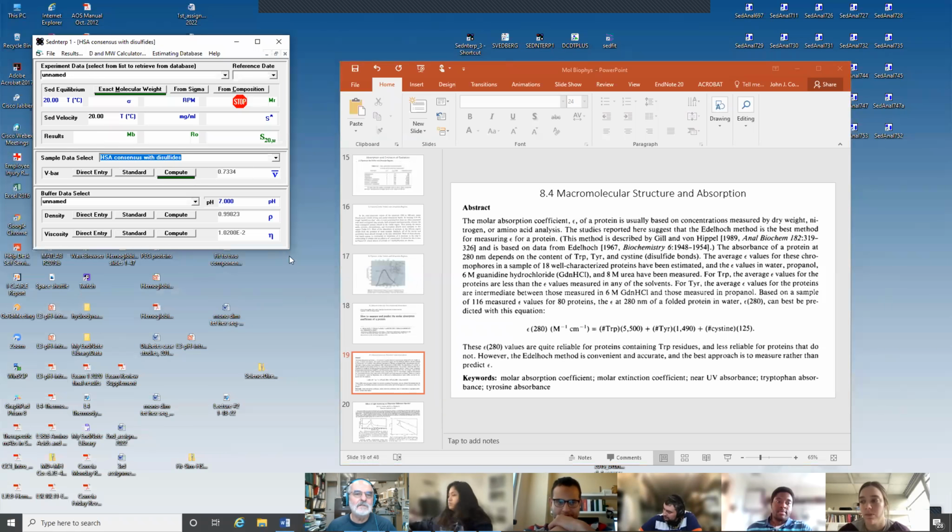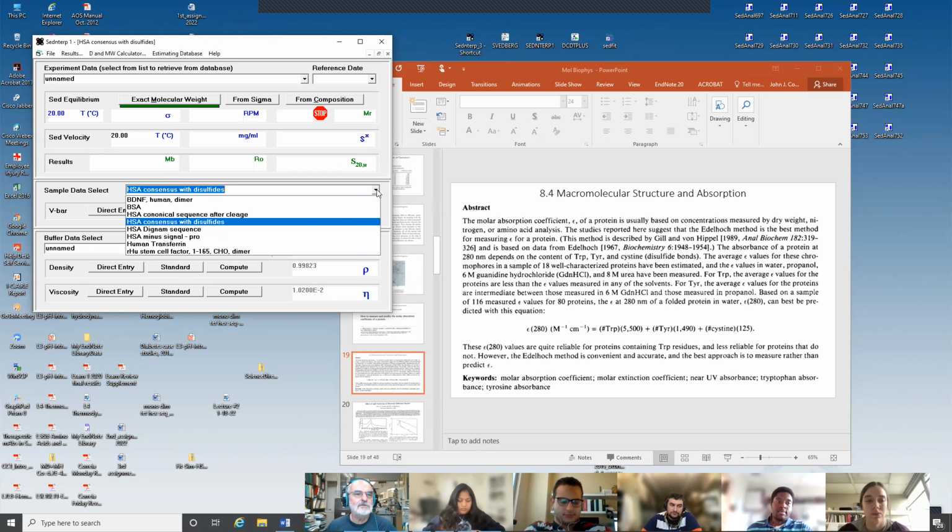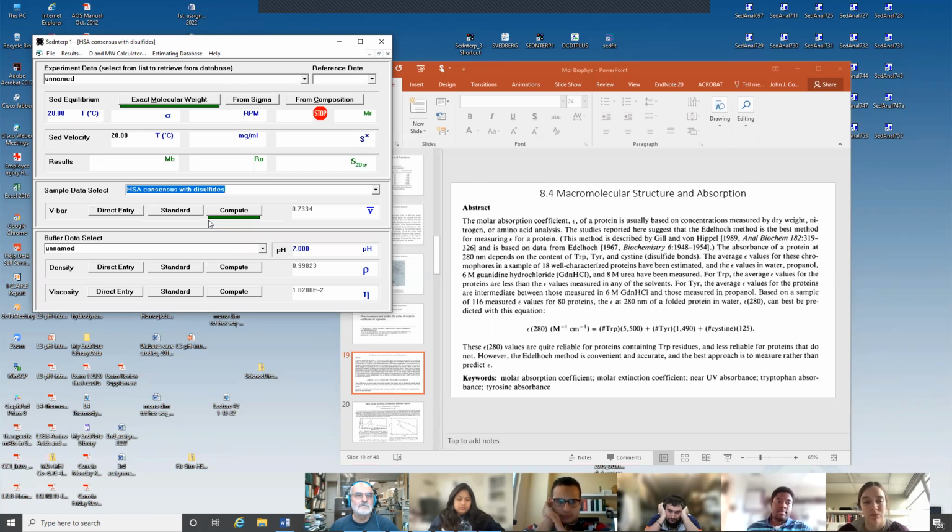When it opens up, it has a database in it, and it allows me to choose a large number of samples that I have put into it. It doesn't actually have as many samples as I normally would have. And what I have here is human serum albumin with disulfides.